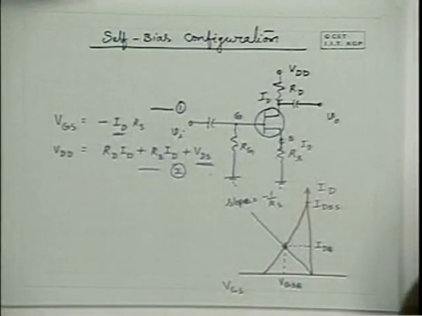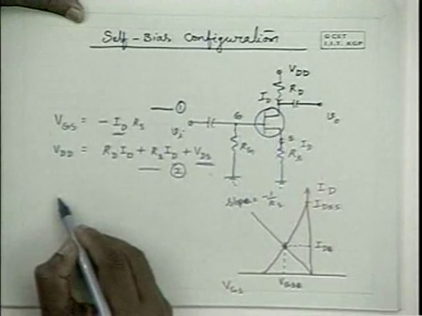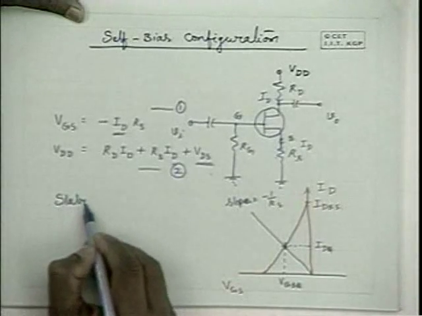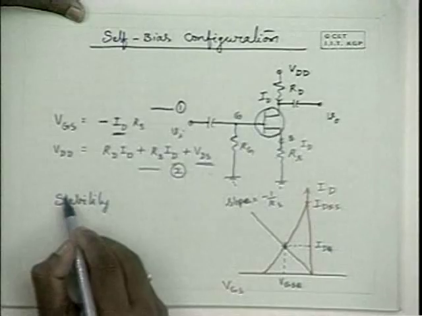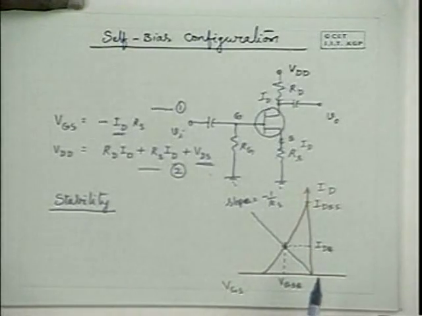So this is the self-bias configuration. Now how does the self-bias configuration improve the bias stability? It is because of this source resistance. Stability is far better than in the fixed bias circuit.